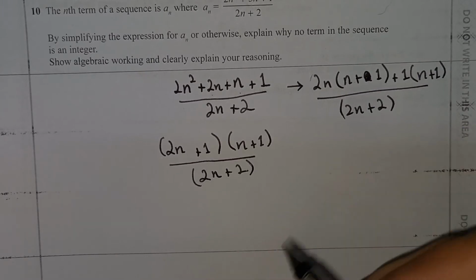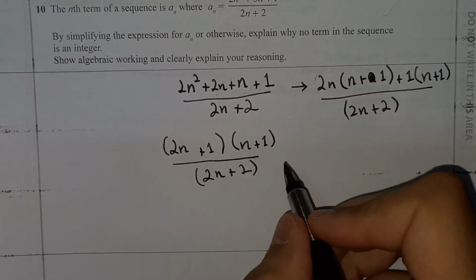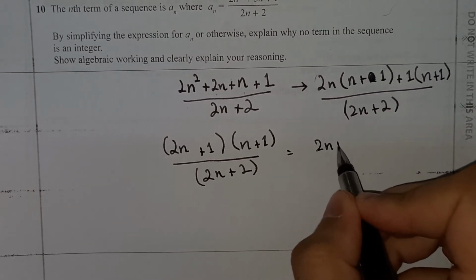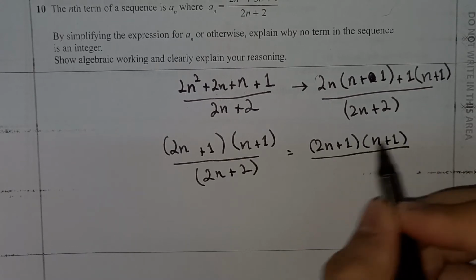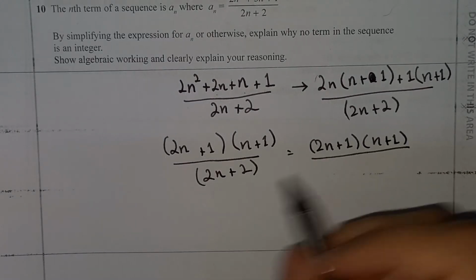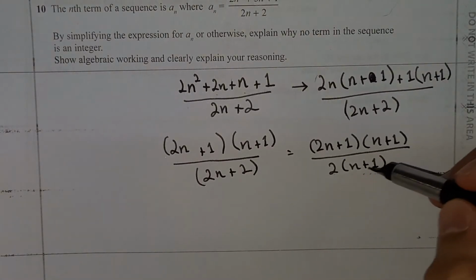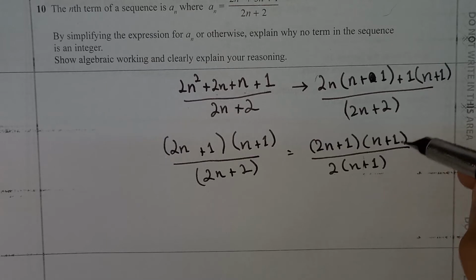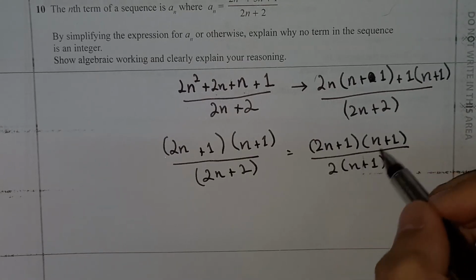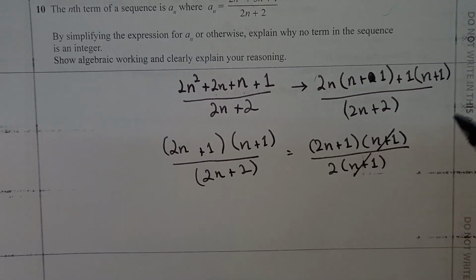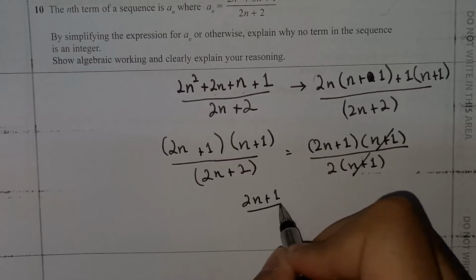But as you can see right now, you cannot simplify any of these three, but there is one thing we can do. First rewrite as it is the numerator, and now you can see we can take 2 common in the denominator. Now you can see we can simplify this part, and because they are being multiplied with each other we can easily cut the whole thing, which leaves us with (2n plus 1) divided by 2.